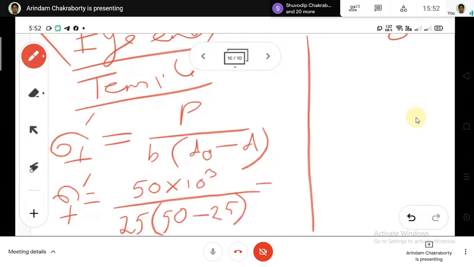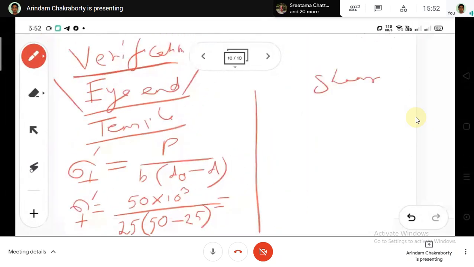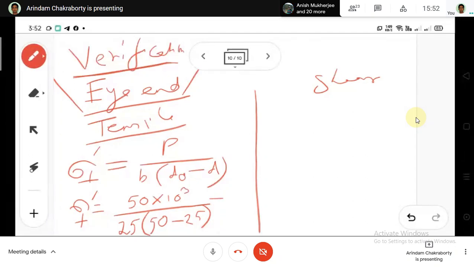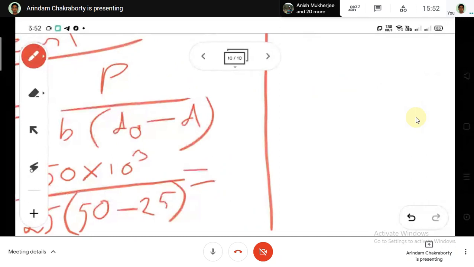Tell me what would be the value. Find out the value, be fast. 80. Okay, very good. 80 Newton per millimeter square.